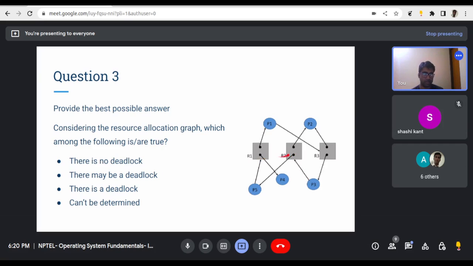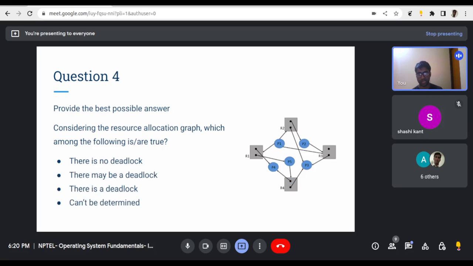But anyway, since P2 can go up till completion and P4 can go up till completion, there will be instances of the resources that will be free, which will be utilized by the waiting processes, like P1. P1 can utilize that instance of R3, and the cycle will be broken, and ultimately there will be no deadlock. Okay, let's move on to the next question then.